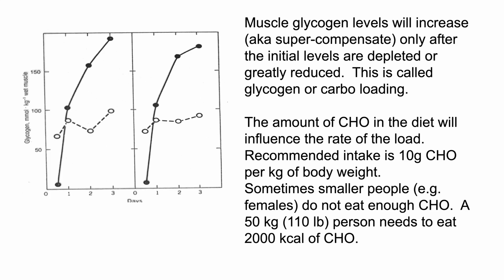It'd be hard for them to get a lot in because they'd have to get 2,000 kcals of carbohydrates just to meet these recommendations. But if you want the loading to take place, first you have to deplete, then you have to eat that 10 grams of carbohydrate per kg to get that super high amount.